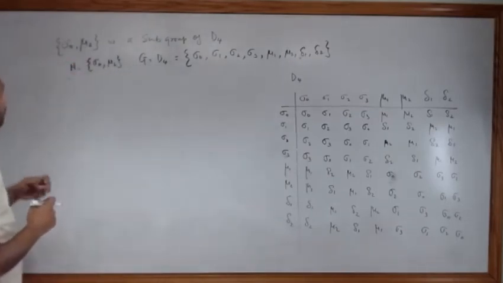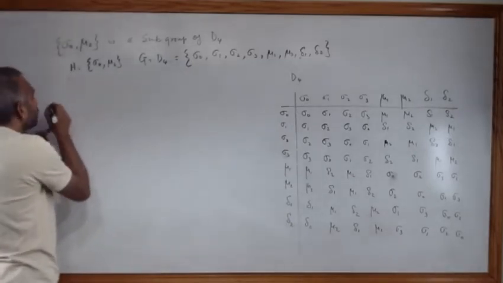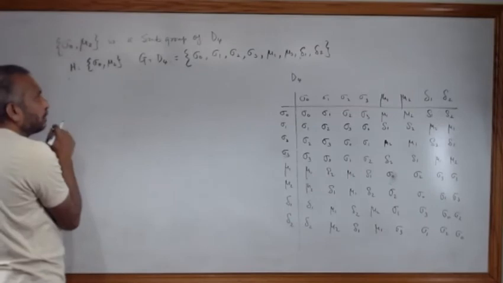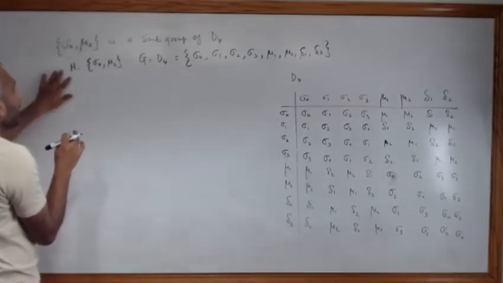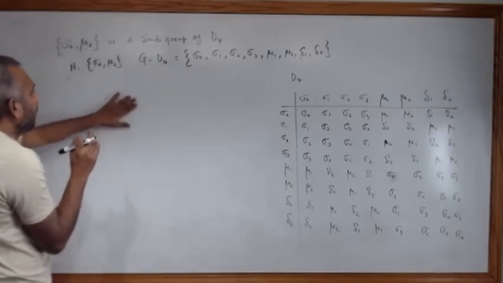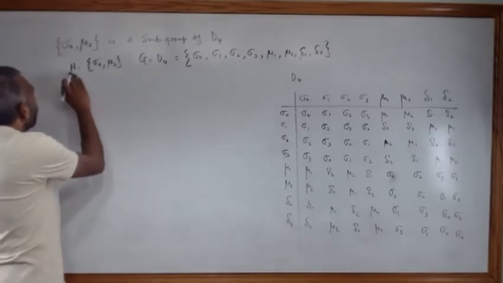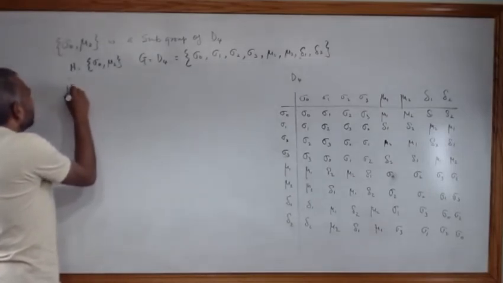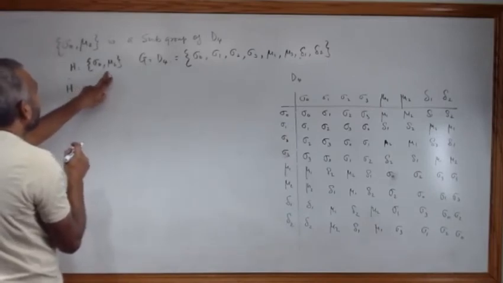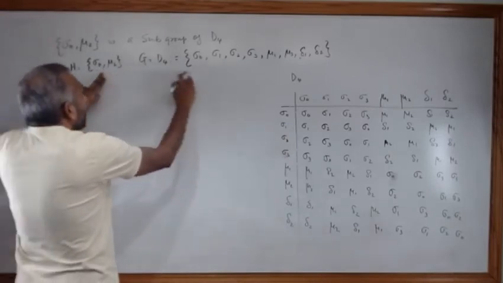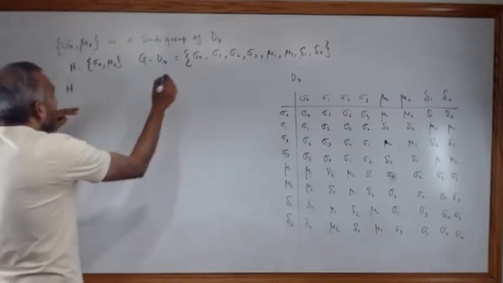So one of the cosets is H. So we are going to define both left and right cosets. Well, I will do the left cosets and I'll leave it to you for verification of right cosets. The other cosets you can get by taking an element from outside and composing with this.